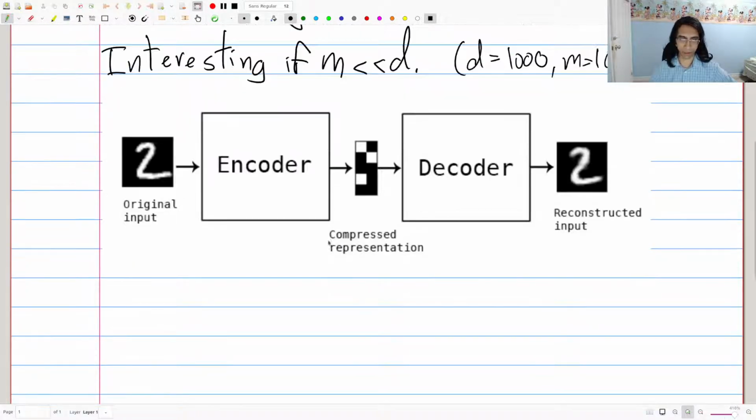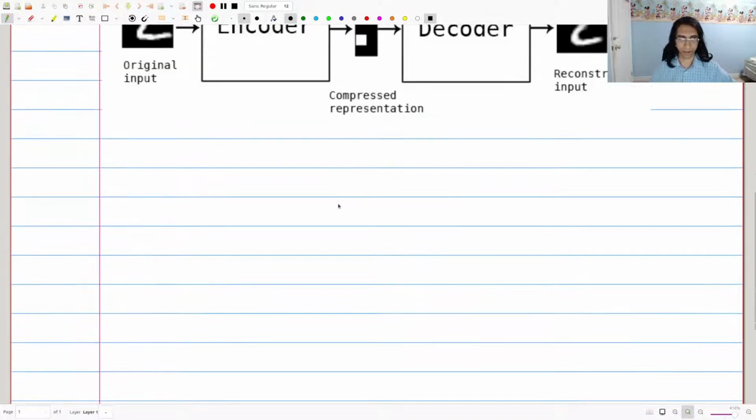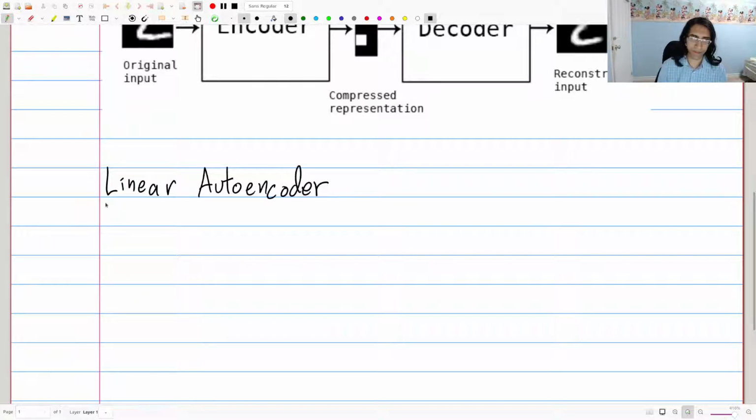A type of compression which compresses it down to a lower dimensional space. We'll get a bit more into details. We'll start with something fairly simple, which are linear autoencoders. This is something like the following. So imagine we have some input, which is d-dimensional.